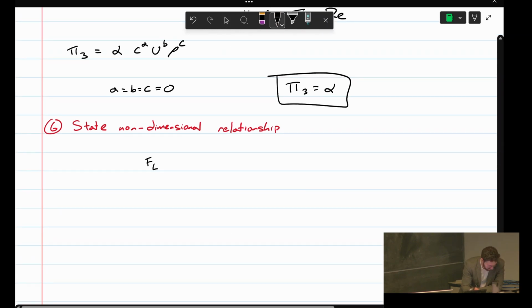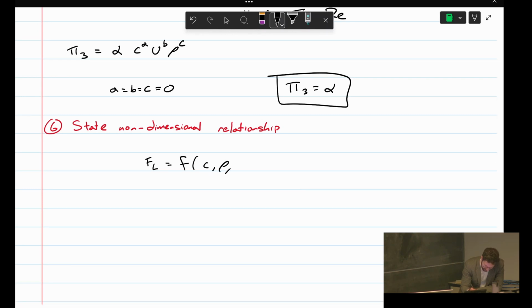So our original relationship was FL is some function of c, rho, u, mu, alpha. So we had 6 variables.